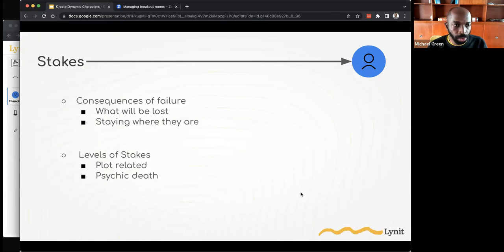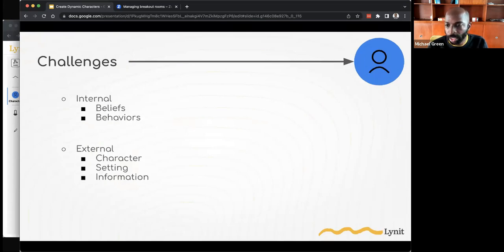Let's move on to the challenges. For the challenges, we have internal and external. The internal challenges are the beliefs and behaviors that this character may have which make it difficult for them to achieve their need, right?